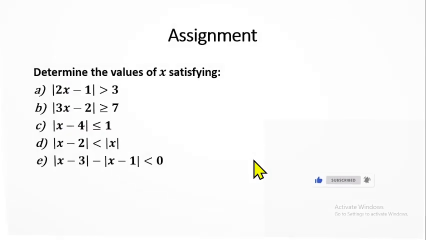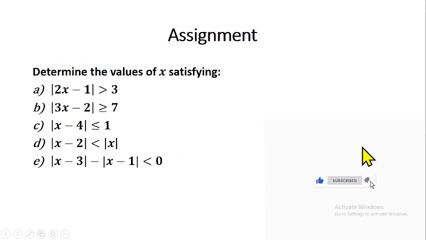And if you truly understand the absolute values of inequality, then you should lay your hands on these 5 questions so as to evaluate yourself and to be sure that you understand everything we have been talking about so far.